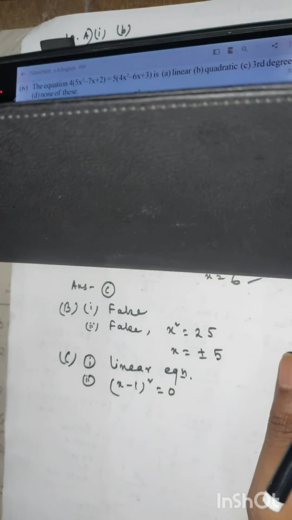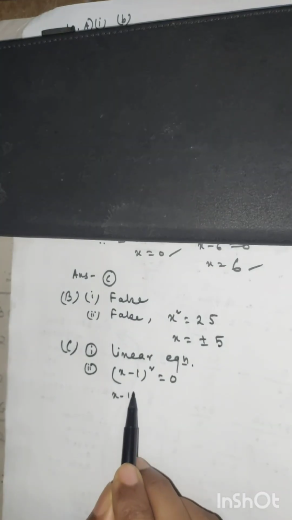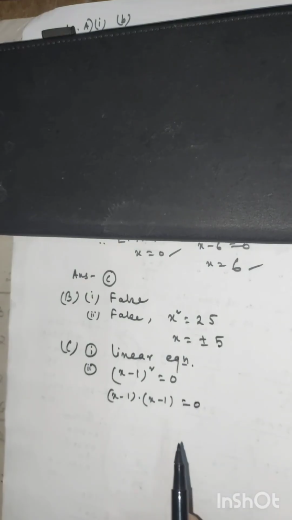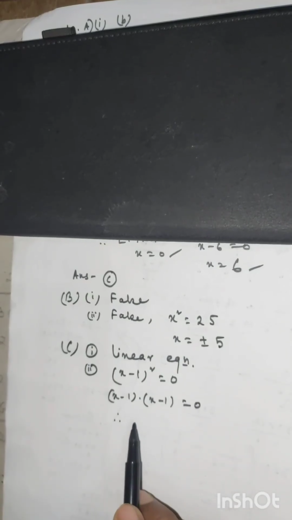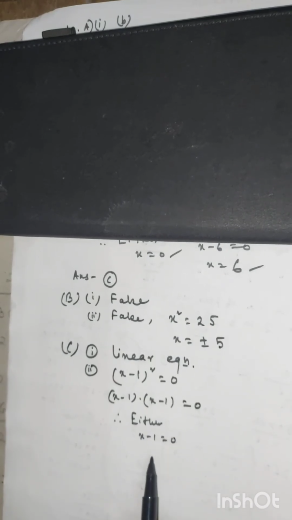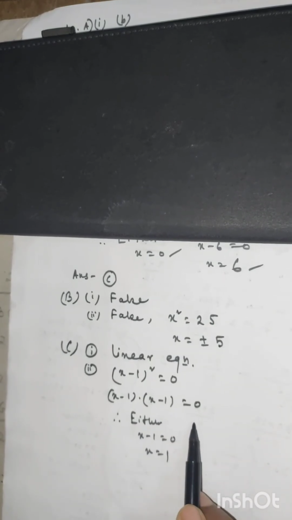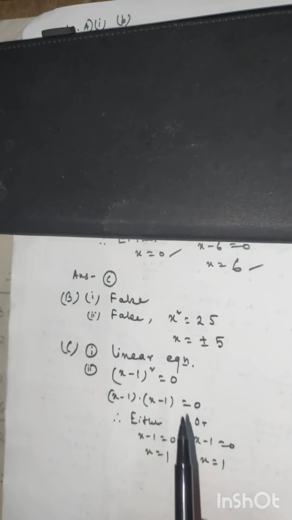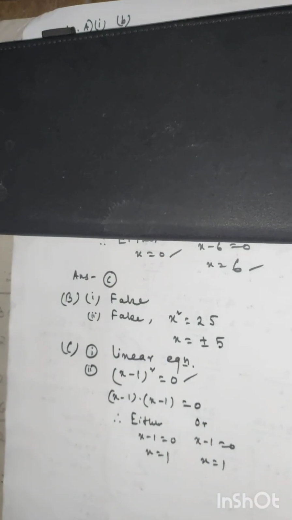Okay, write it like this. Therefore, either x minus 1 equal to 0, x equal to 1, or x minus 1 equal to 0, x equal to 1. So this should be the quadratic equation.